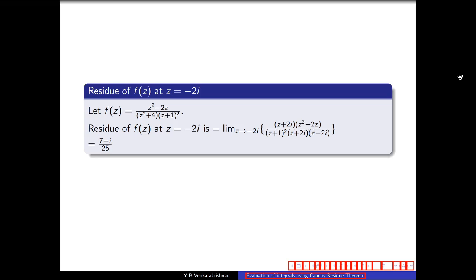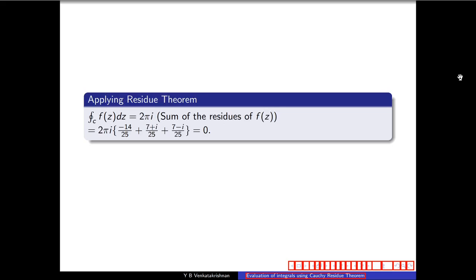So I have calculated the residue at the three singularities, and when I apply the residue theorem, which states that the value of the integral is 2 pi i into the sum of the residues, here I will have the integral over C of f of z dz equal to 0, because the sum of minus 14 by 25, plus 7 plus i by 25, plus 7 minus i, whole divided by 25, turns out to be 0.